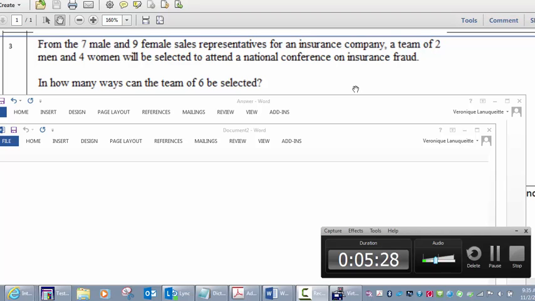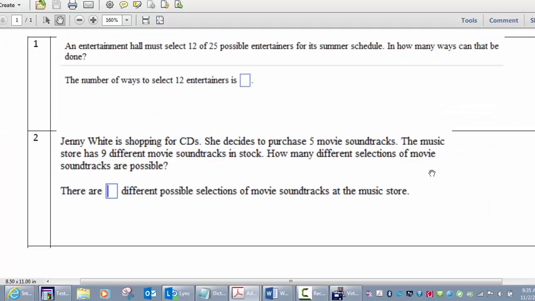Notice that in this problem versus the other ones that we did, we're talking about males and females. We don't just have one category of person, and I'll show that to you again. If you look at the first problem, you had 25 entertainers. You selected 12 from them. We were just dealing with entertainers. Here about Jenny, we had some CDs.